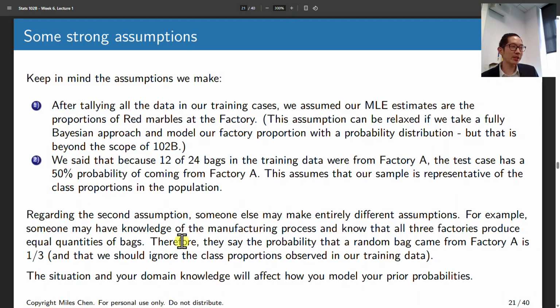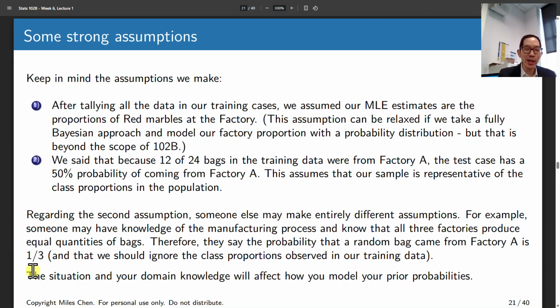So in that case, it's just a weird coincidence that in our sample, half of our bags came from Factory A and only a quarter came from Factory B and a quarter from Factory C, because in worldwide production, Factory B makes a third of the bags and Factory C makes a third of the bags.